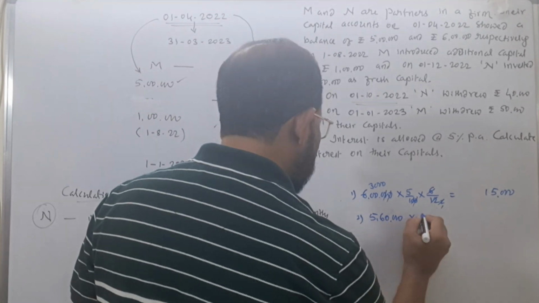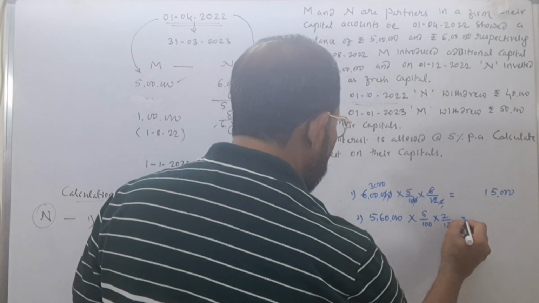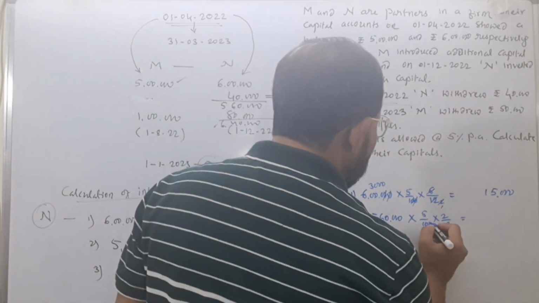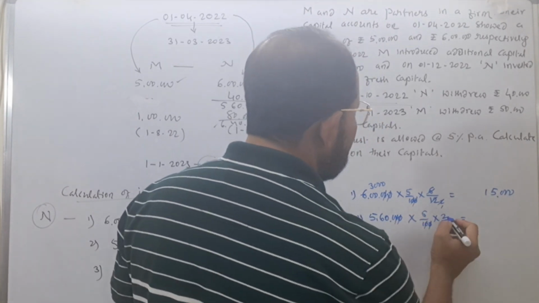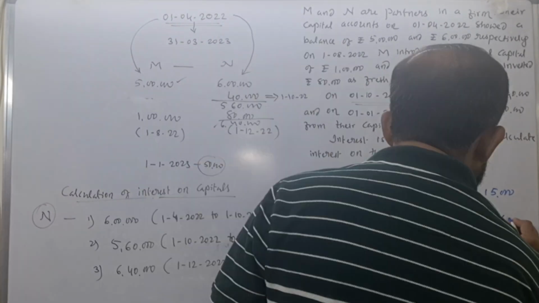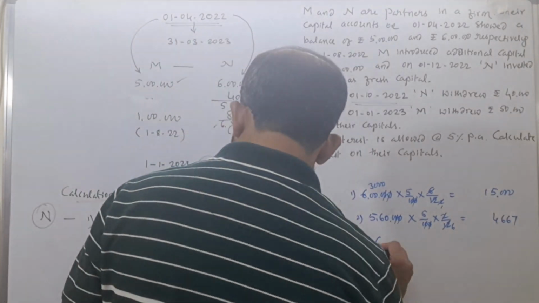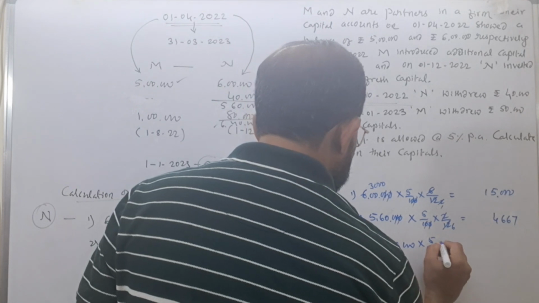5,60,000 into 5%. For how many months it was put to use? For 2 months only. That is why you calculate this one. 0 0 cancel, 0 0 cancel. Next one is 666 rupees. And next one is 6,40,000 into 5%.